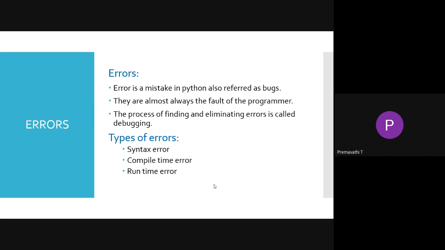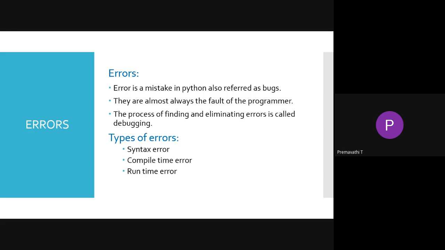And what is meant by exception? If you are using an if statement or some expression, it may cause an error when it attempts to execute, because the errors detected during the execution are called exceptions.